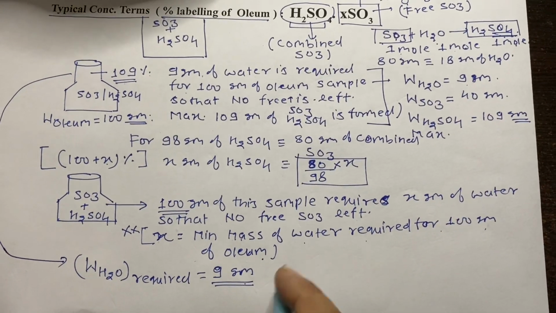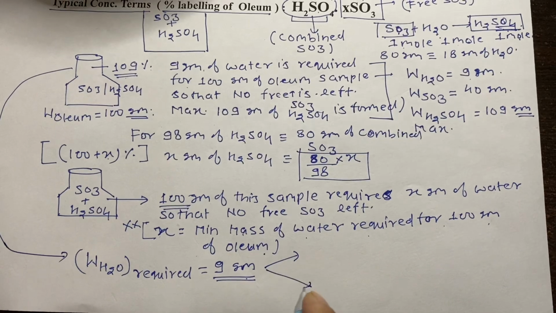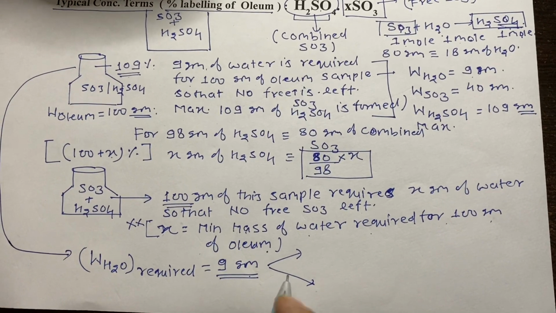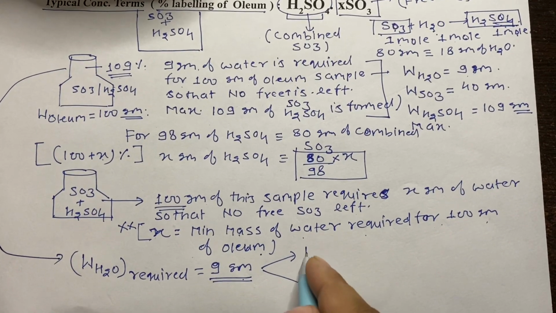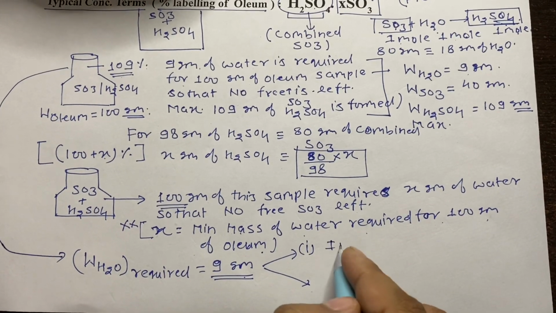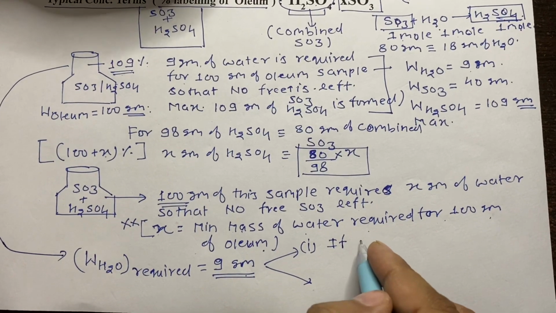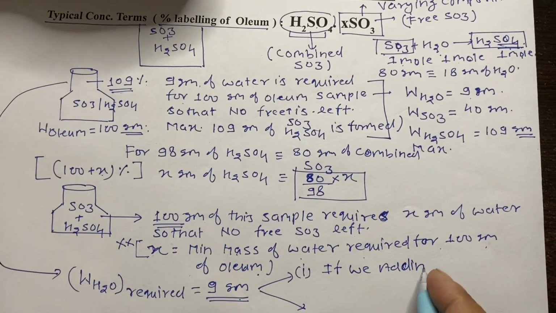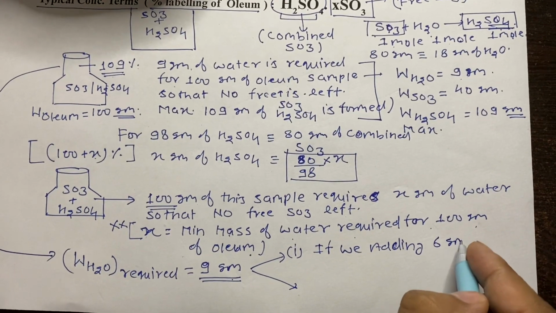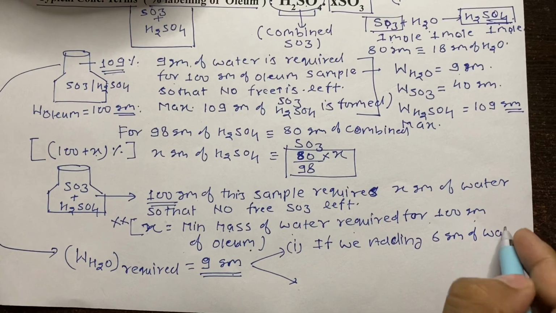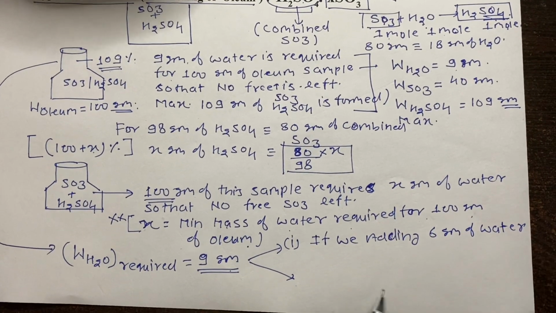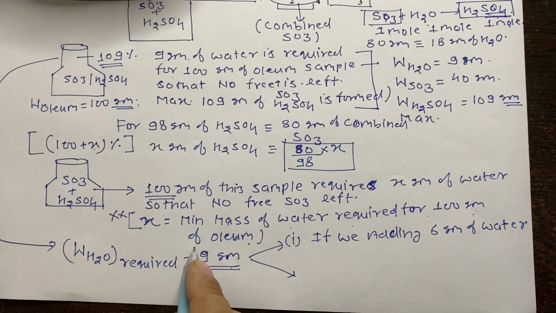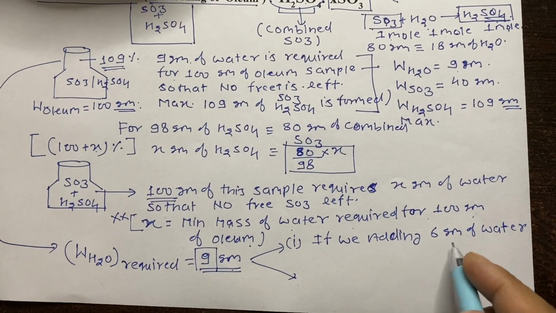But when we are not providing a sufficient amount of water, suppose we are adding 6 gram of water, what does this mean? The required water is 9 gram and we are adding only 6 gram.